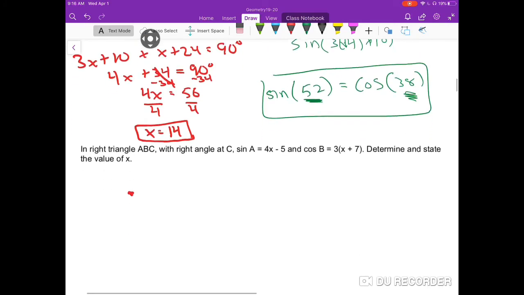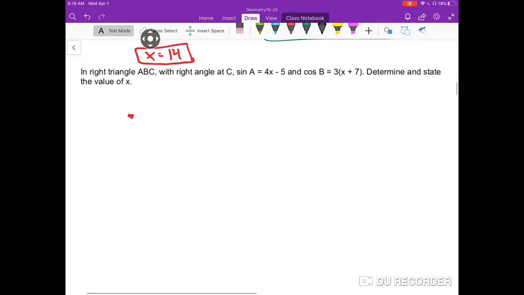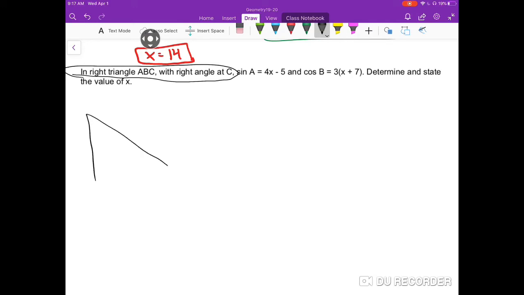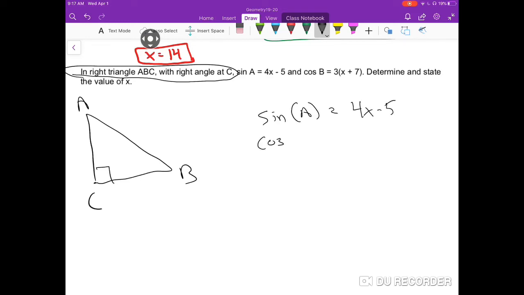Okay, second case. In right triangle ABC with right angle at C, they love to ask this question. It says the sine of angle A equals 4x minus 5, and the cosine of B equals 3 times x plus 7.